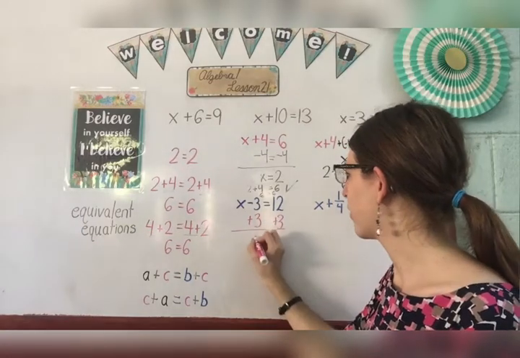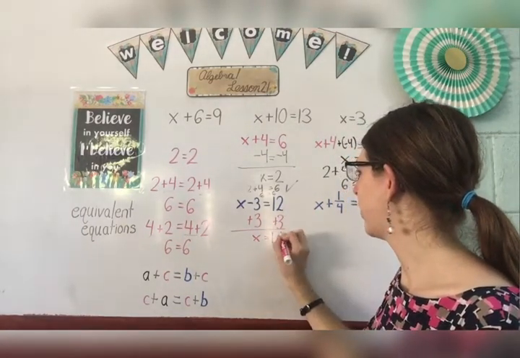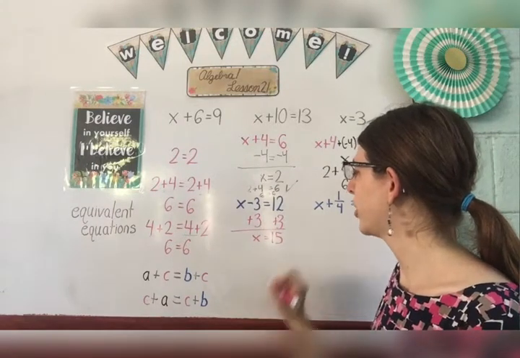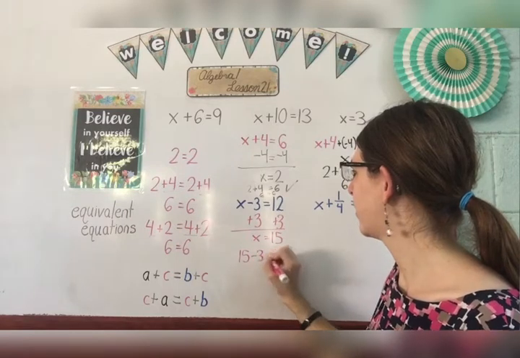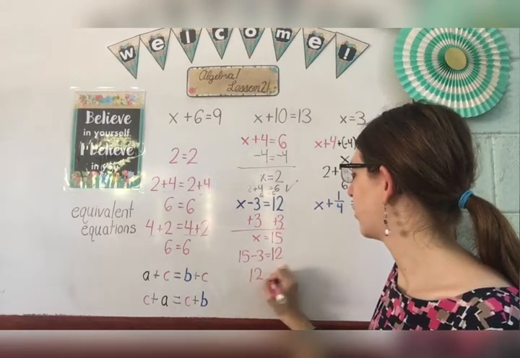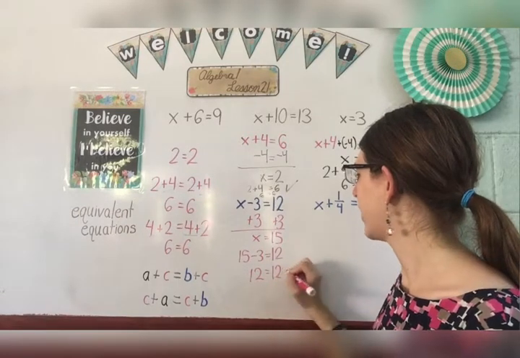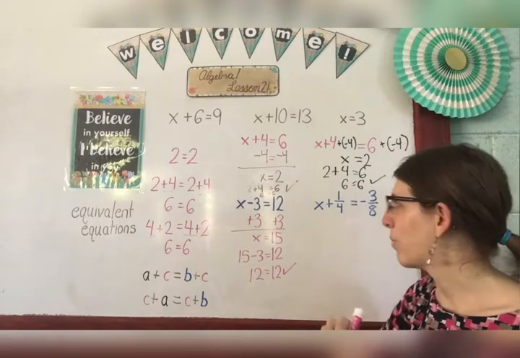That cancels out my 3 here, so I'm just left with x. X equals 12 plus 3 is 15. Now I'm going to check it. I'm going to put 15 in place of x in x minus 3 equals 12. 15 minus 3 is 12, so 12 equals 12. My problem checks.